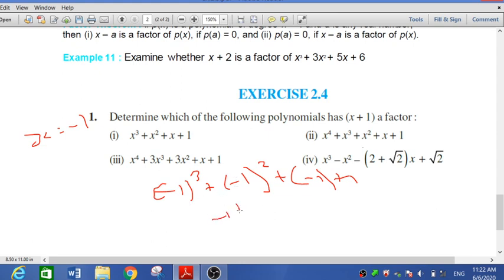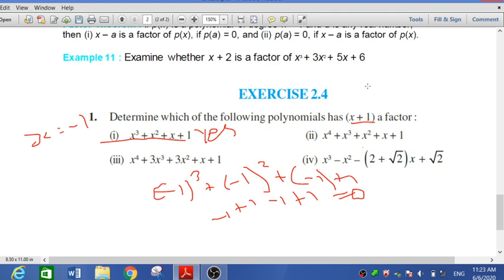Minus 1 to the power 2 is plus 1. Minus 1 and plus 1. If we simplify, we get answer 0. So for the first polynomial, x cube plus x square plus 1, we check whether x plus 1 is a factor or not. We can say yes, x plus 1 is a factor in the first question. Why? Because the remainder is 0. When the remainder is 0, we can say yes. When the remainder is not 0, we can say no.